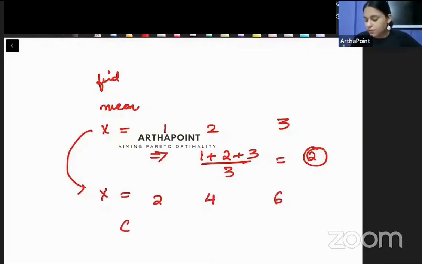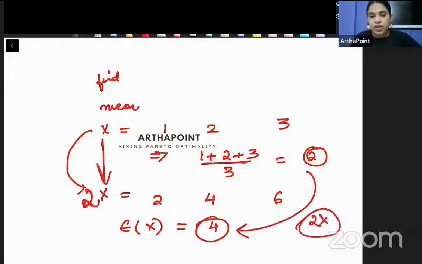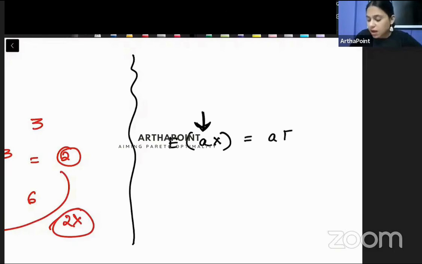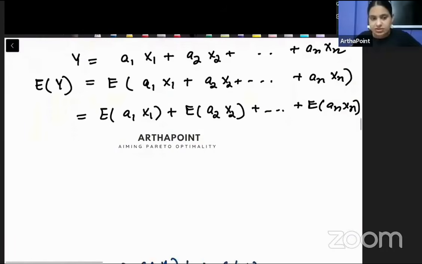And I ask you, beta, what will be the mean of this x? आप निकालोगे, you will get the answer as 4. So when I multiply each value by 2, तो इसका जो mean है, that also gets multiplied with 2. So basically there is this simple property कि जब आप सारे x's को किसी constant से multiply करते हो, that constant can come out and it will be पहले आप mean निकालो और mean को सीधा constant से multiply. Right?